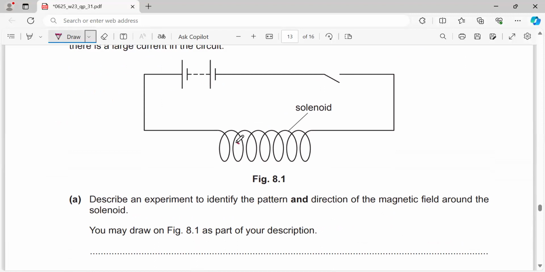Okay. If there is, we are going to use a magnet, of course, this is the north side and south side. So the patterns or the direction of the magnetic field will be like this.